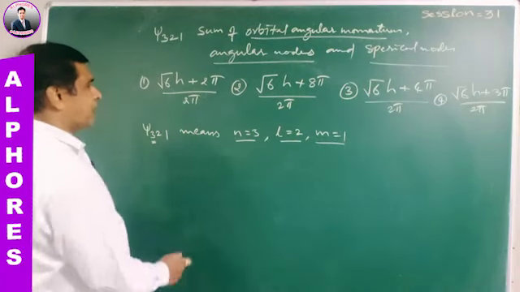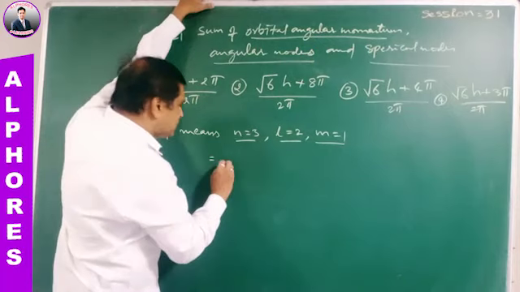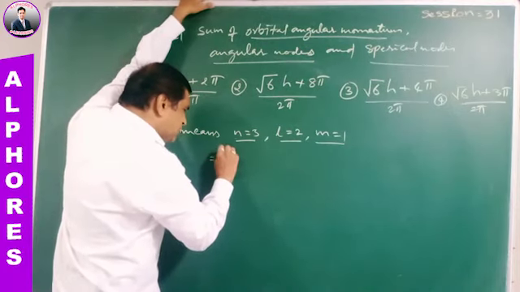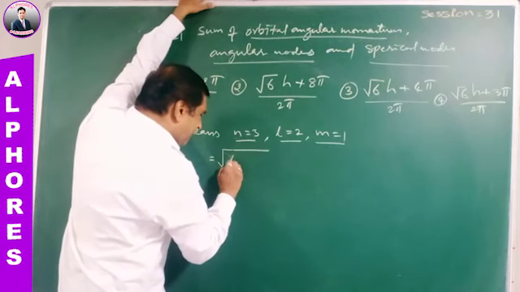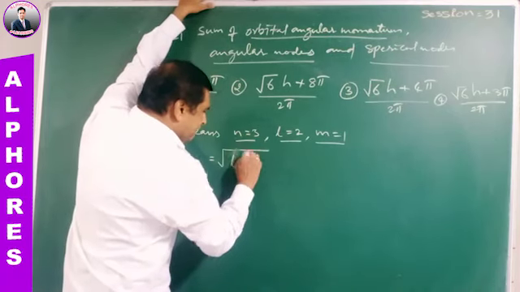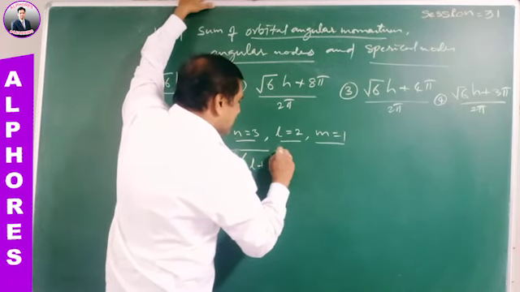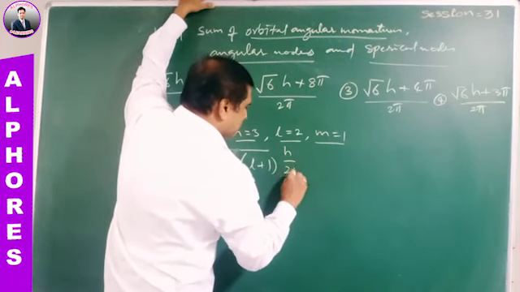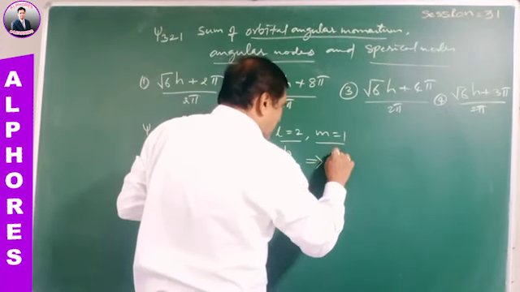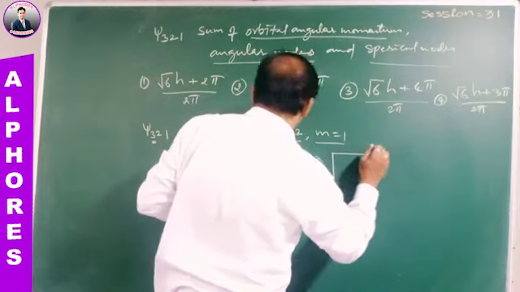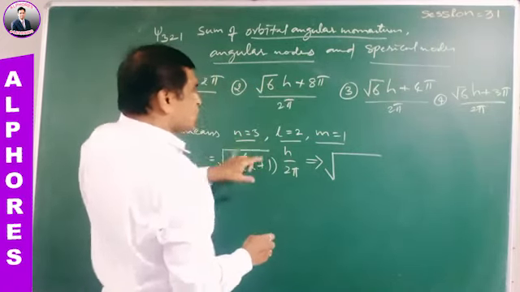Now angular momentum is equal to under root L into L plus 1, h by 2 pi. What is the L value of that particular given orbital? L value is 2, the azimuthal quantum number.